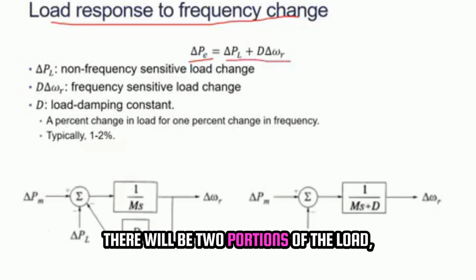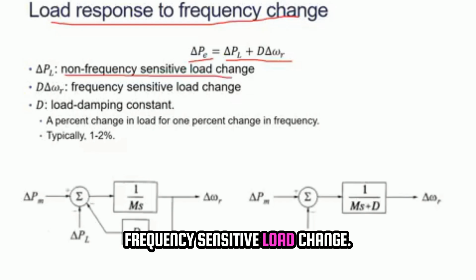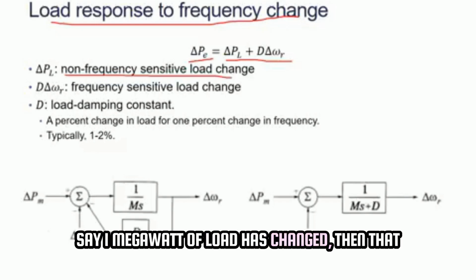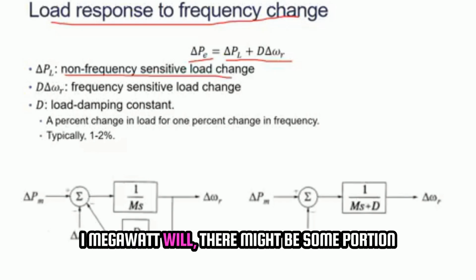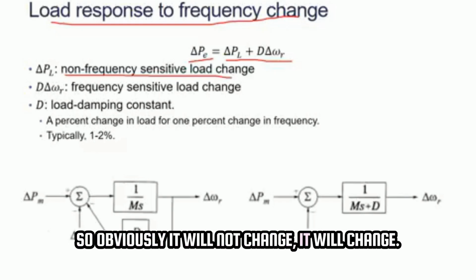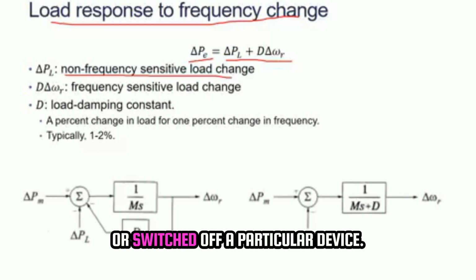There will be two portions of the load. One portion which is a non-frequency sensitive load change. So basically, if the load changes, let's say 1 megawatt of load has changed, there might be some portion of that load which does not depend on frequency, so obviously it will not change. It will change, meaning let's say you have switched on or switched off a particular device, a heavy motor.